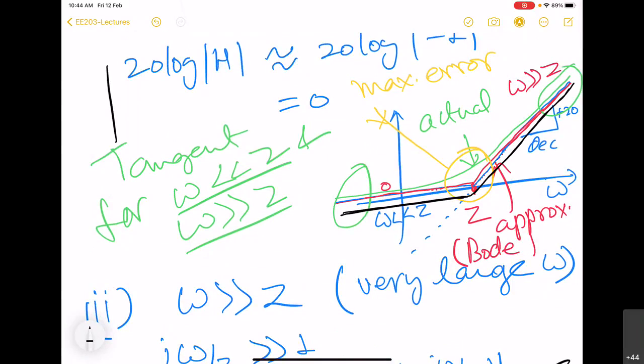So here you can see that by looking at the magnitude plot of any simple factor, you will never be able to say whether the 0 is at positive frequency or at negative frequency. So the sign of this 0 is going to have no effect on the magnitude plot.